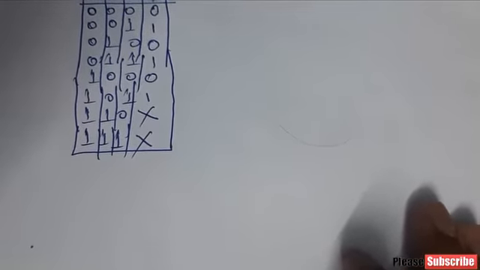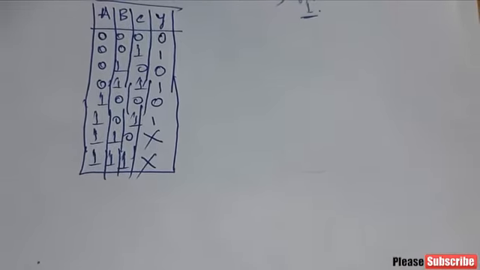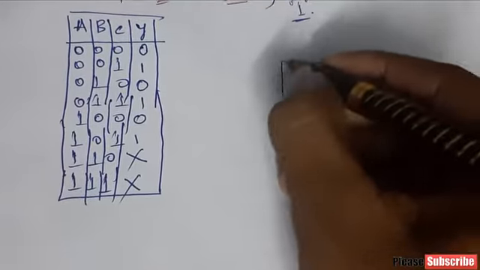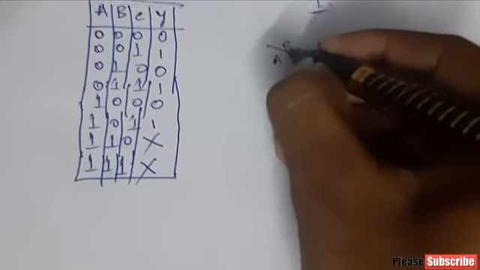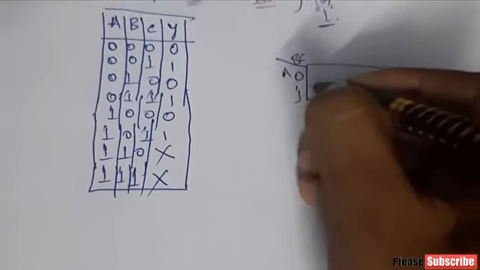If you want to draw the K-map for this, let's see what will happen. K-map for this: A, B, C, with A as 0 and 1.